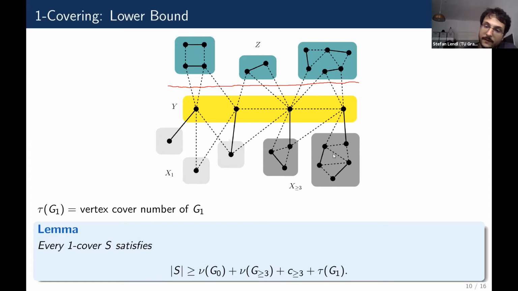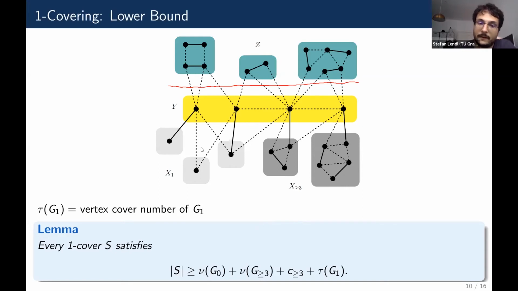And then we can do something similar for the dark gray components, and also for the bipartite graph here. We can construct, based on a set S that is one covering for this bipartite graph, a set C that is a vertex cover.